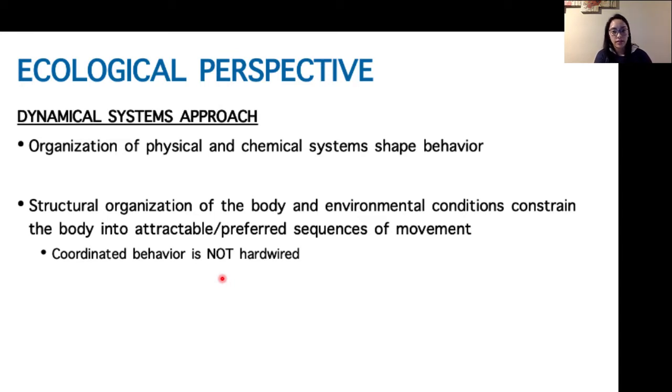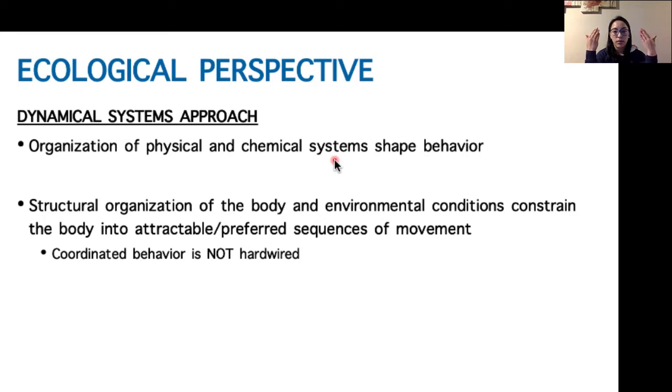I actually just got to take a class related to the dynamical systems approach, and we looked at Bernstein's original works and lots of papers from Kugler, Kelso, and Turvey, and Latash. These names probably don't mean a whole lot to a bunch of you, but it's kind of cool now that I get to apply the things that I'm learning in my program to stuff that I get to teach you guys. But these individuals suggested that the organization of both physical and chemical systems help to shape behavior.